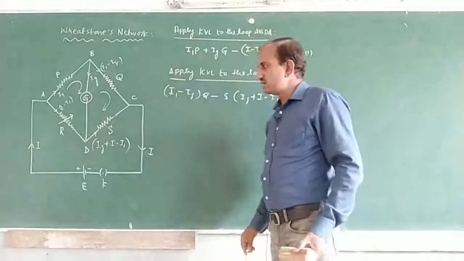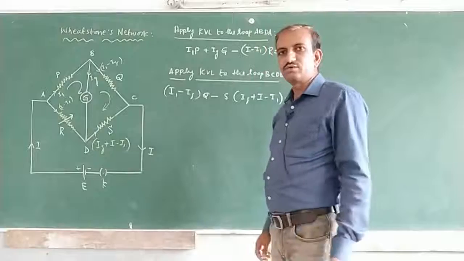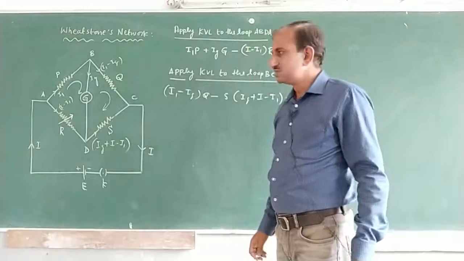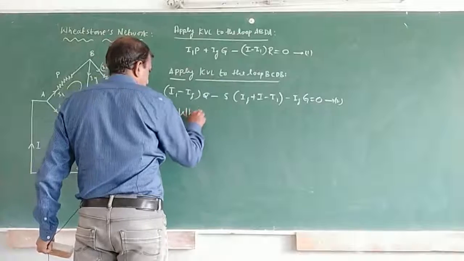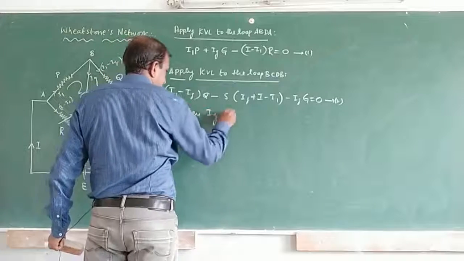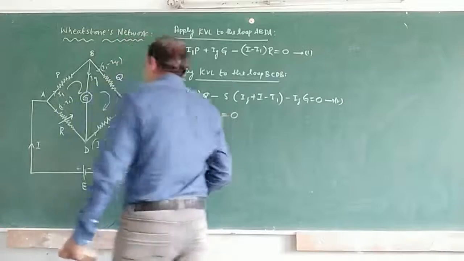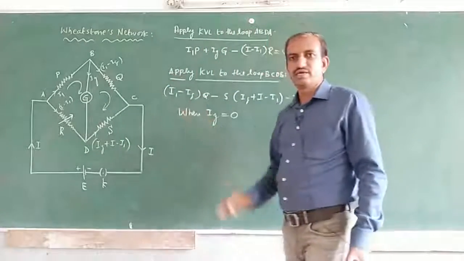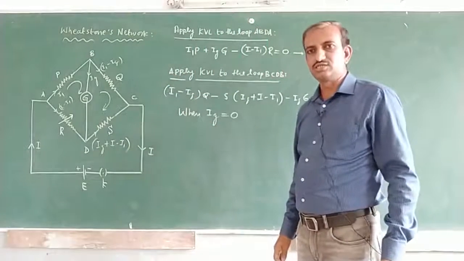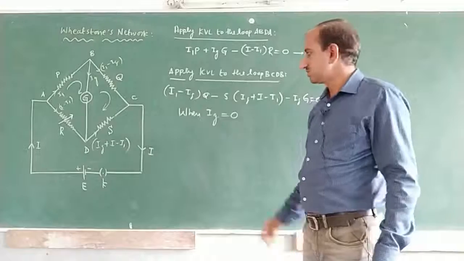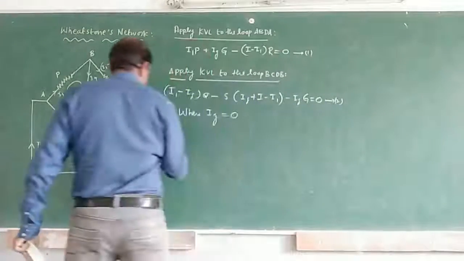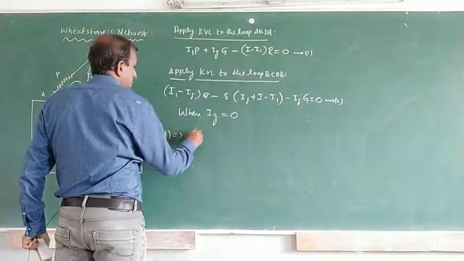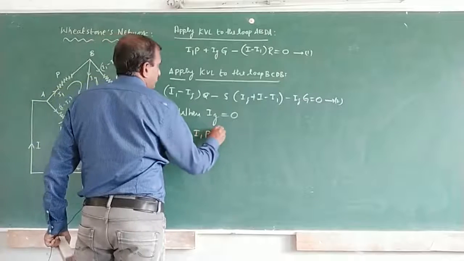Vary R till the galvanometer shows 0 deflection. When Ig is equal to 0, the bridge or network is said to be balanced.